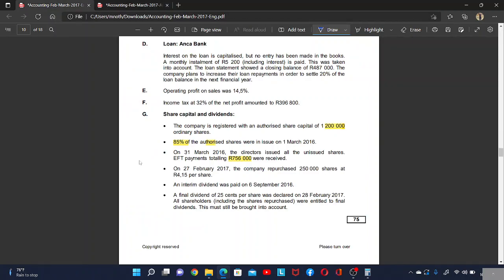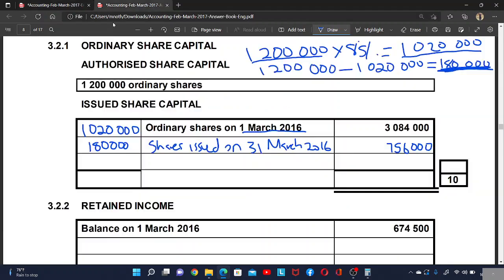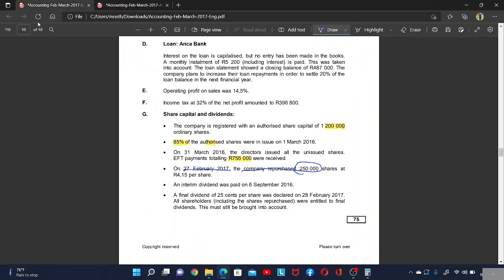And then on 27 February 2017, the company repurchased 250,000 shares. So this is the buyback, or what we call shares repurchased. The price that we use is not the one that is given, but we have to use the average price.